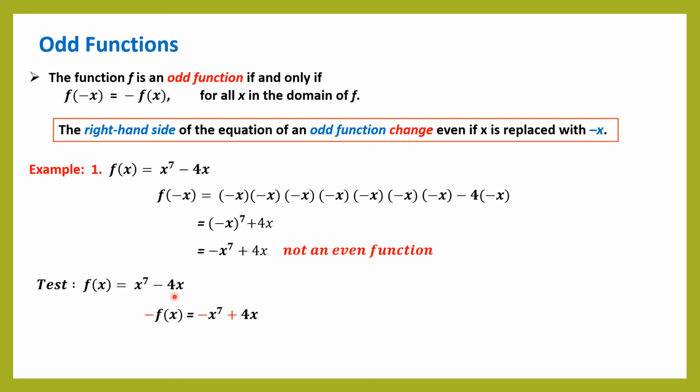Then, minus 4x, we have to change that to plus 4x. Then, pagkatapos nito, tignan natin yung result ng pangalawa sa unang result. Compare natin. Kapag sila ay magkapareho, therefore, sila ay odd function.